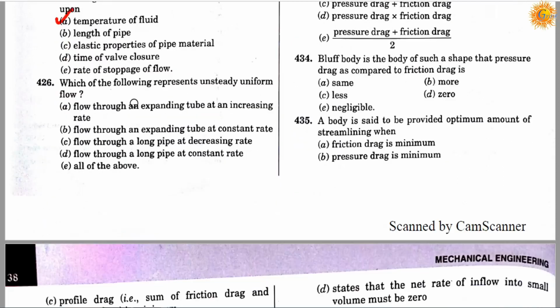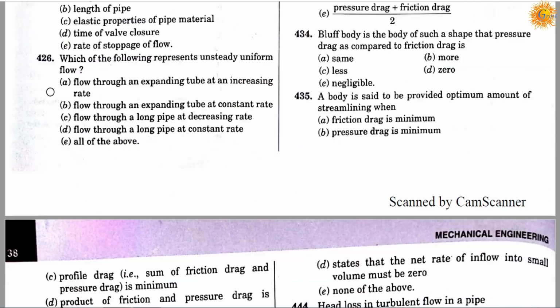Question number 426. Which of the following represents unsteady uniform flow? Option A, flow through an expanding tube at an increasing rate; option B, flow through an expanding tube at constant rate; option C, flow through a long pipe at decreasing rate; option D, flow through a long pipe at constant rate; option E, all of the above.